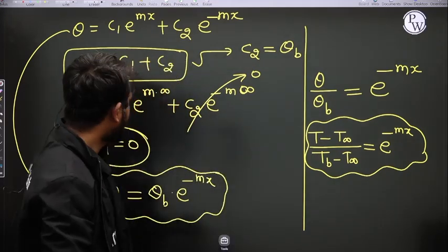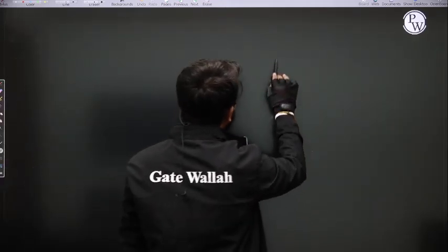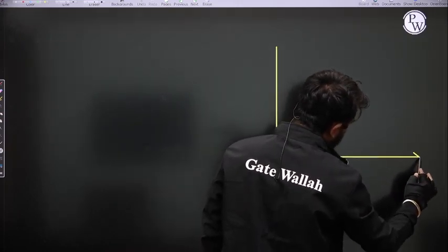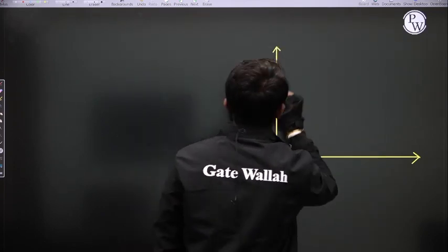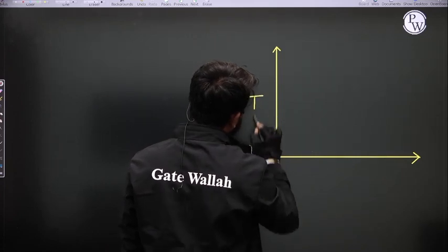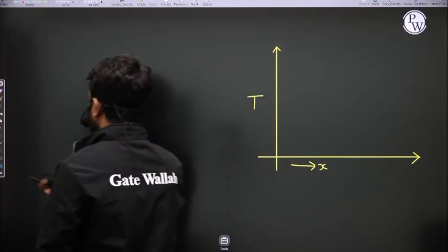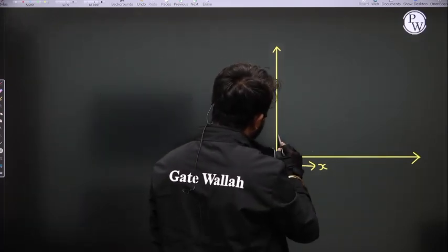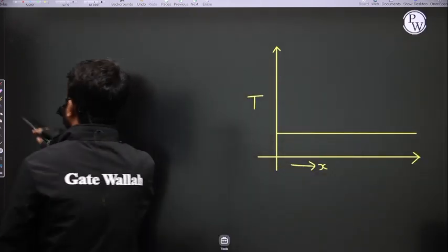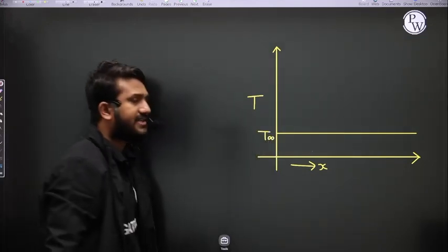Is it clear? Right. So if you see the graph between T and x, this temperature is T infinity.